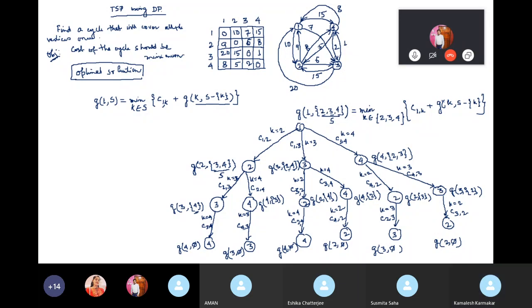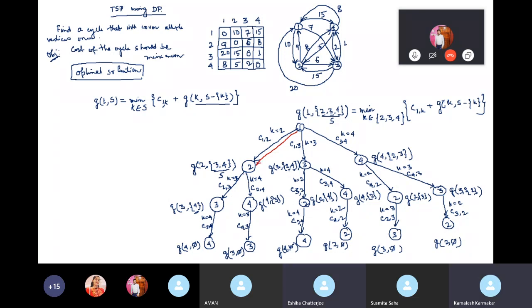Now, if we start from vertex 1, let us try to analyze. If we follow this path from vertex 1, we are visiting the next vertex 2.